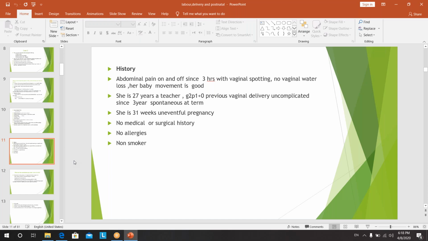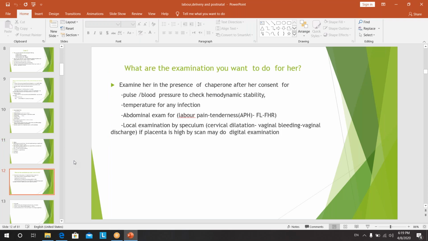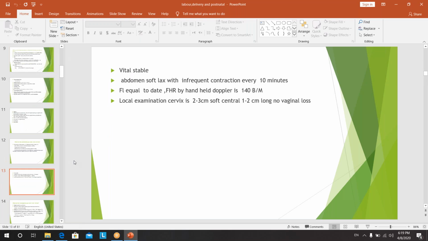Coming to the internal examination, I would like to do a speculum examination to rule out any leak, and to see what is the color of discharge, whether it is just a spotting or a fresh bleeding, or is this an altered blood. I want to confirm the findings. I would also like to check her blood pressure and pulse.